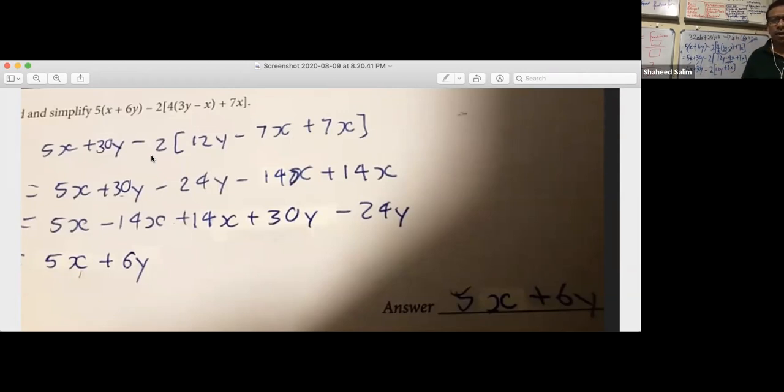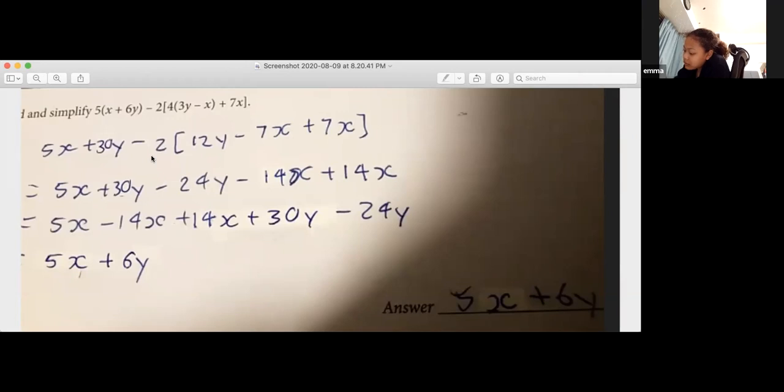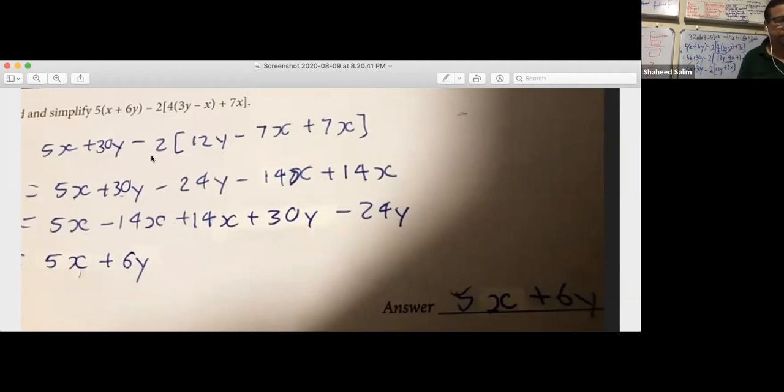With this one, you complete it and see what is your answer. 11x plus 64y.